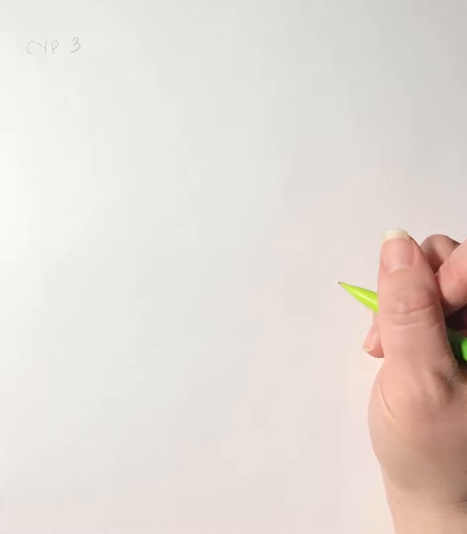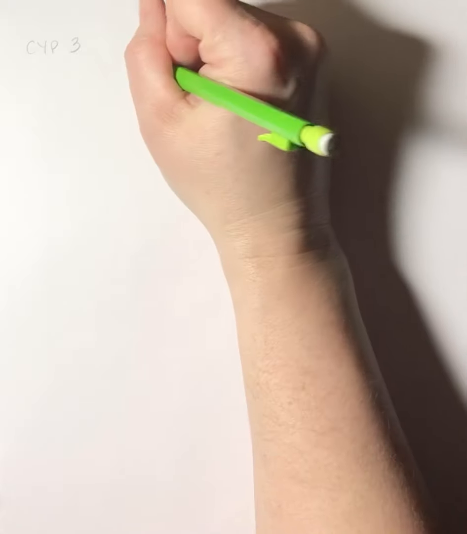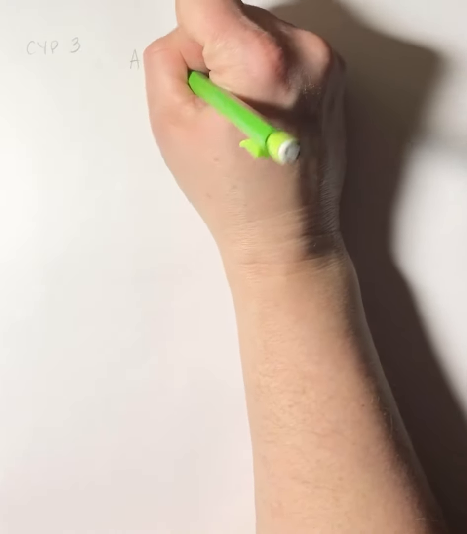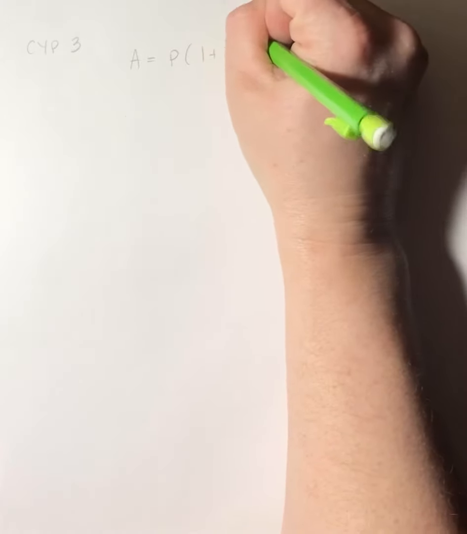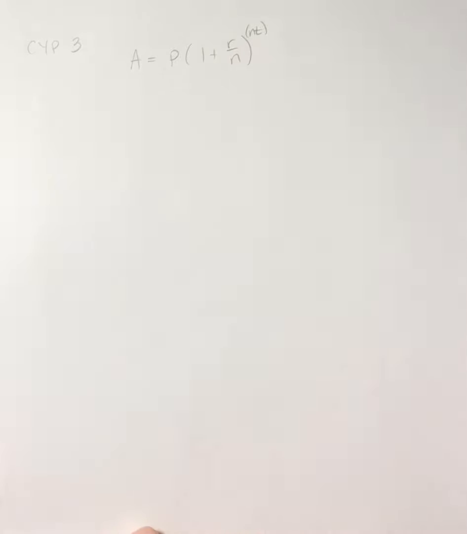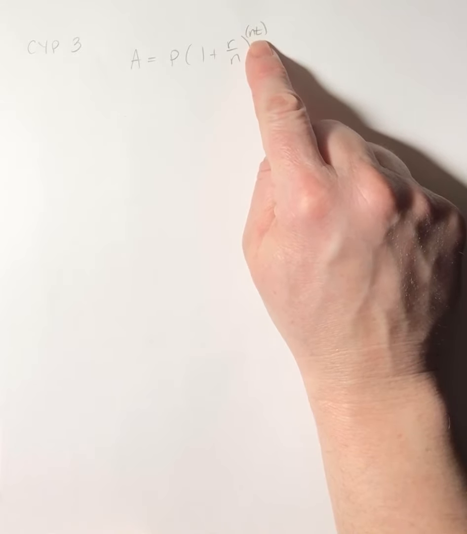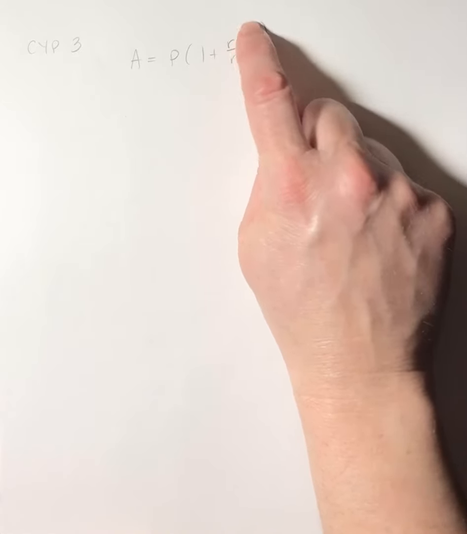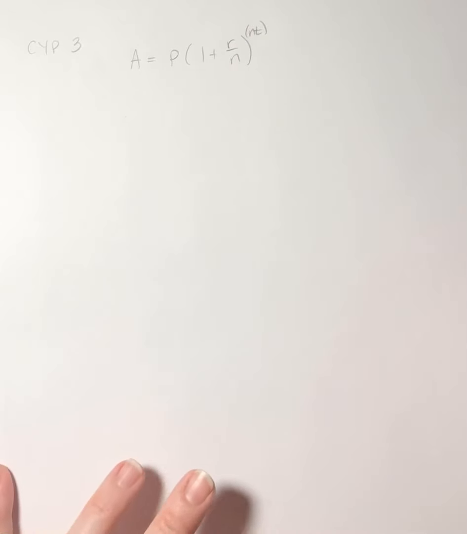It says calculate the future value of $2,500 earning 9% interest compounded daily for 4 years. So here's my formula. And I keep putting this in parentheses. If you look in the book, that won't be in parentheses. But for those of you that have the old style calculator, that has to be in parentheses. If you use a caret to make that as an exponent and you don't put that in parentheses, you will get your answer wrong. Okay?